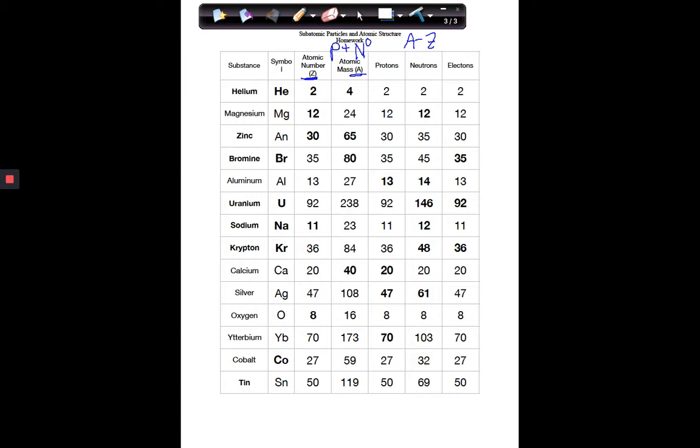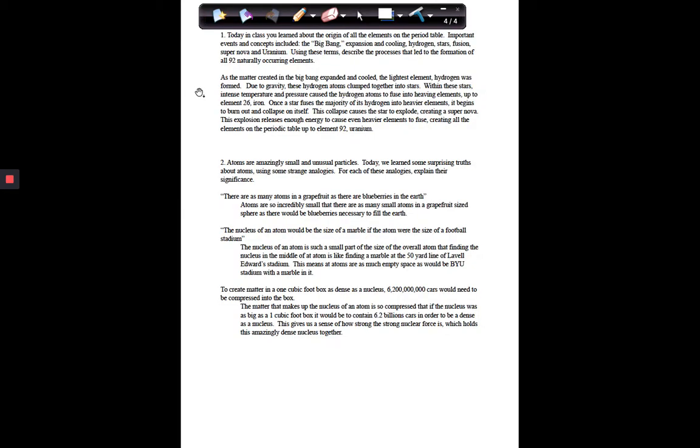So, guys, other questions or things on the front page of this you need to talk about? You guys all okay? Okay. So then, guys, I believe there's the back to this, which looks like this. This is a retelling of all of the information that we talked about relative to how these elements got developed.